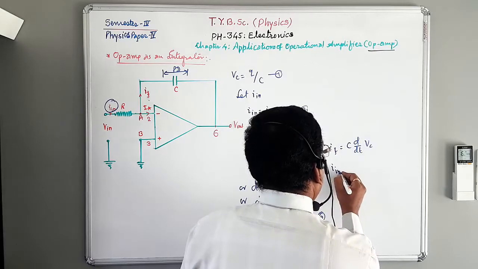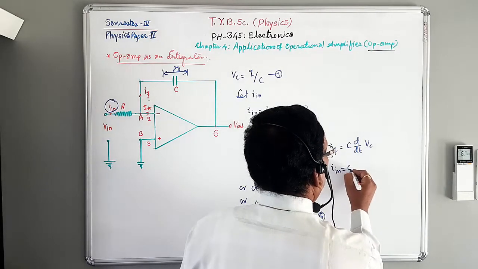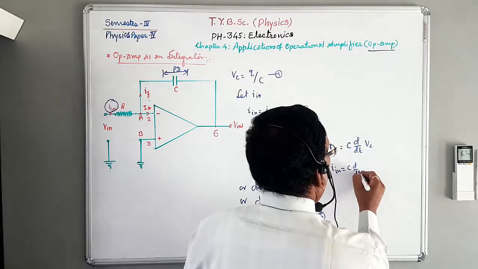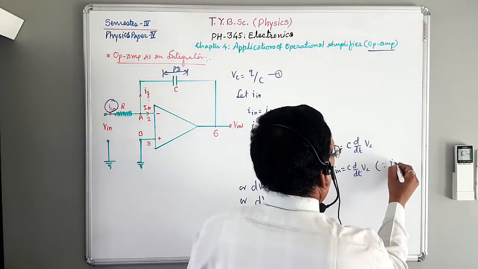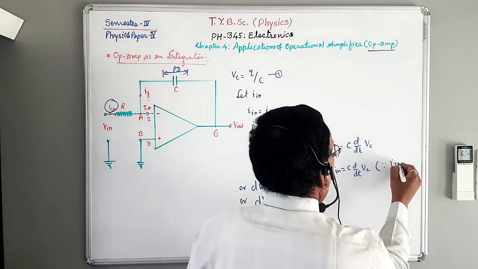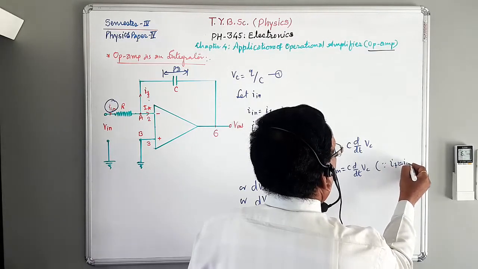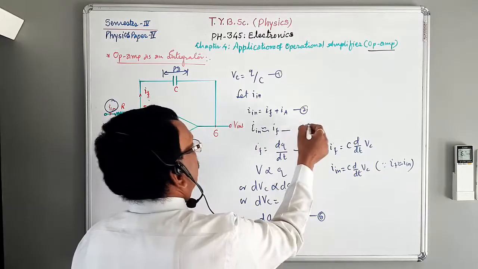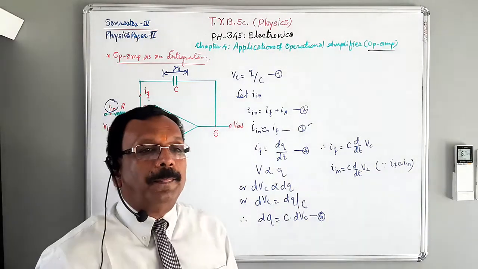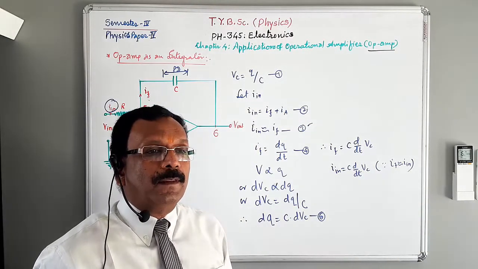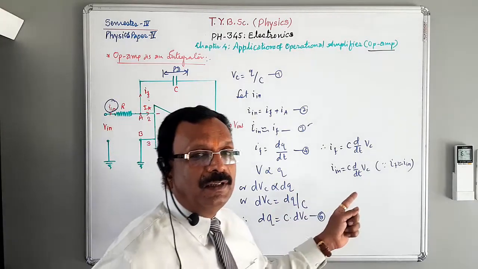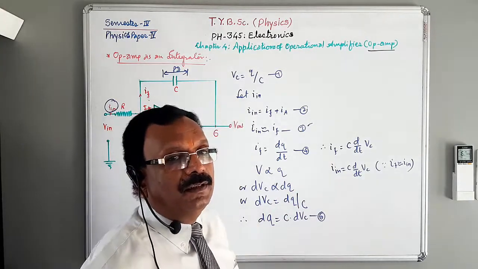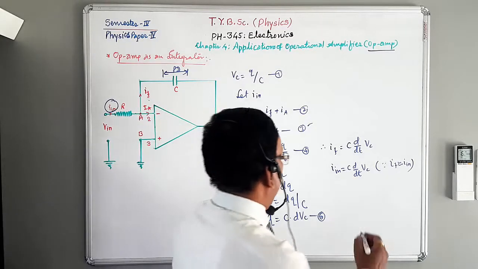Therefore, IIN is equal to C d by dt Vc, since IF is approximately equal to IIN. Okay. Now this is equation number 6.